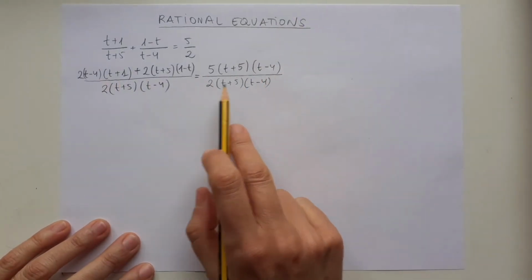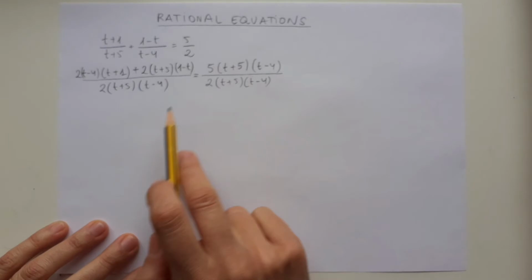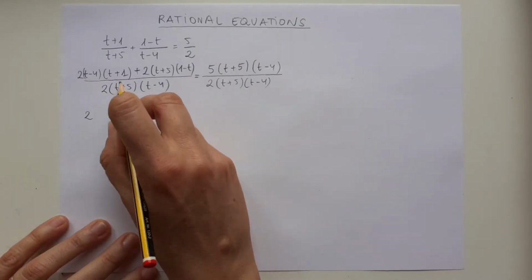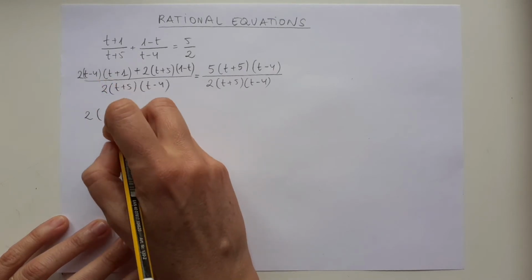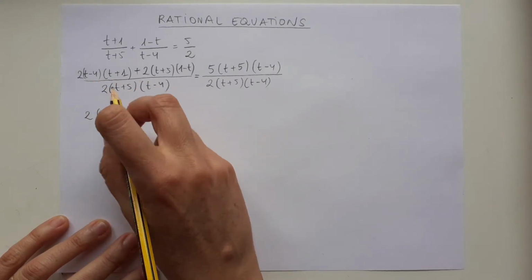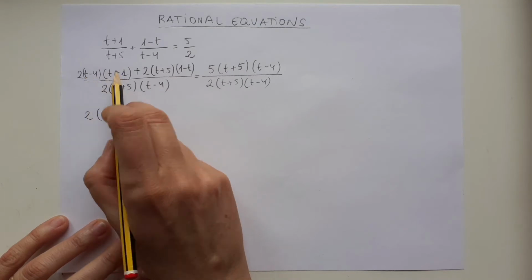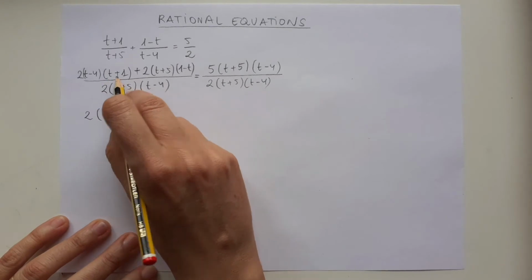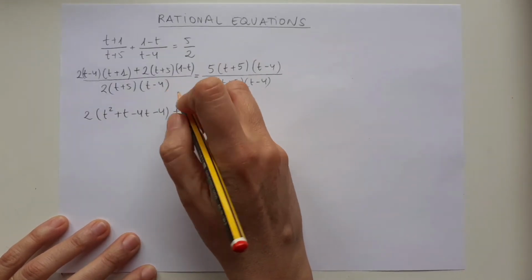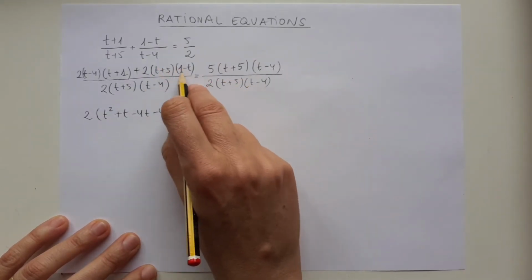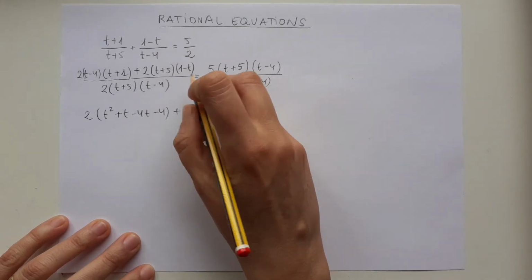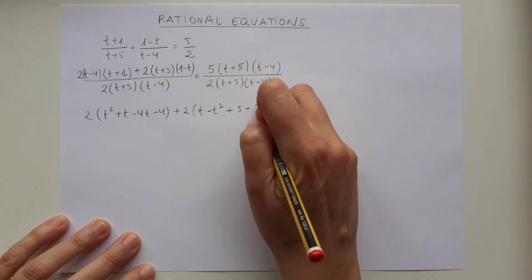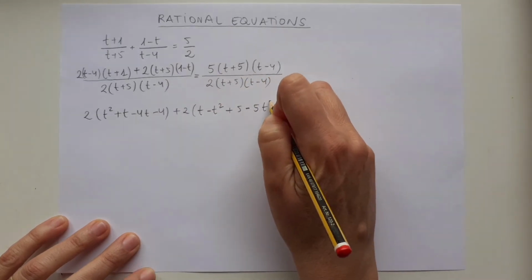Right, let's develop everything here, and we can get rid of denominators because they are the same. So we have to multiply. I'm going to multiply first these two brackets. So t times t squared, using, remember, the distributive property, plus t minus 4t minus 4, plus 2 times, I'll multiply this first, t minus t squared plus 5 minus 5t.